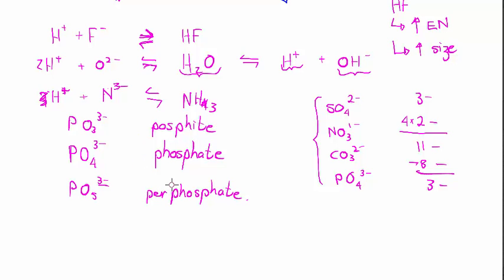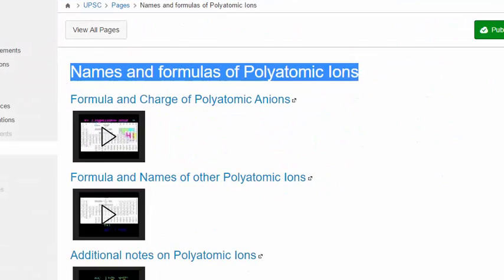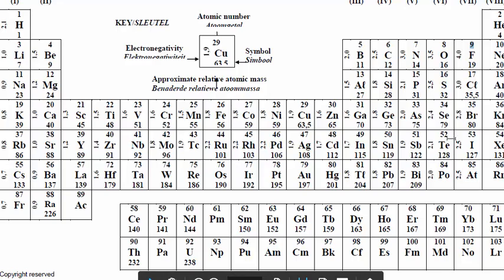The same with chlorine: it would be chlorate, chlorite, perchlorate. Chlorine is in the T41, he's in the 3.